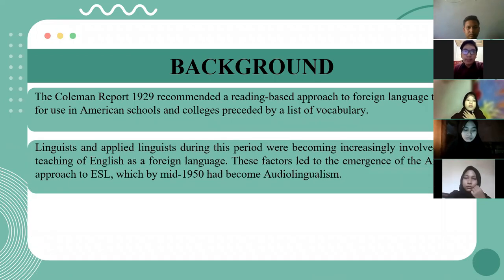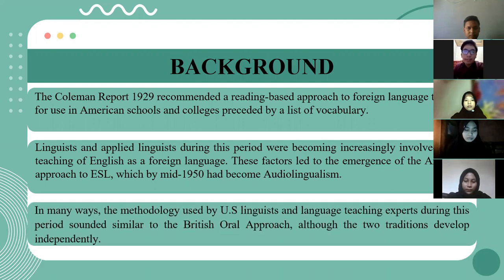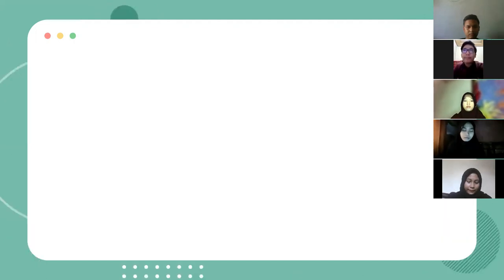And then, linguists and applied linguists during this period were becoming increasingly involved in teaching English as a foreign language. And last one, in many ways, the method used by the US linguists and language teaching experts during this period sounded similar to the British oral approach, although the two traditions developed independently.